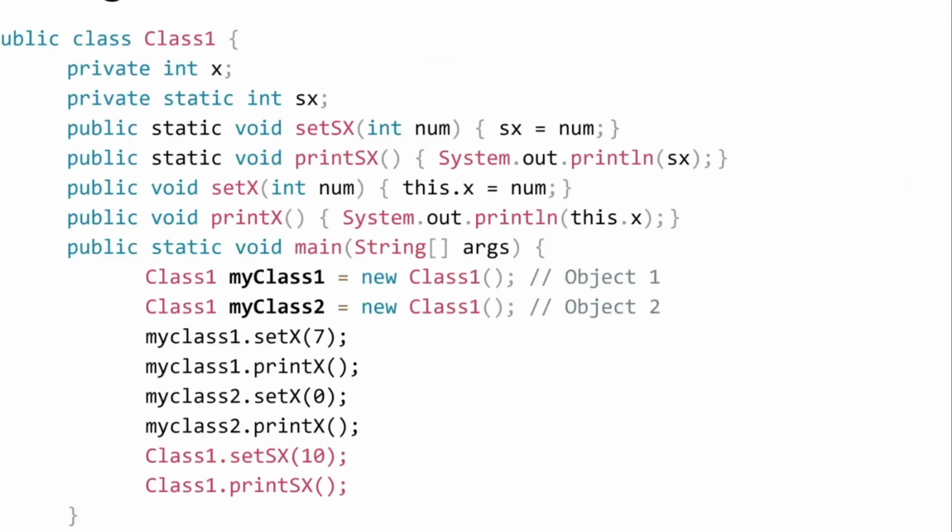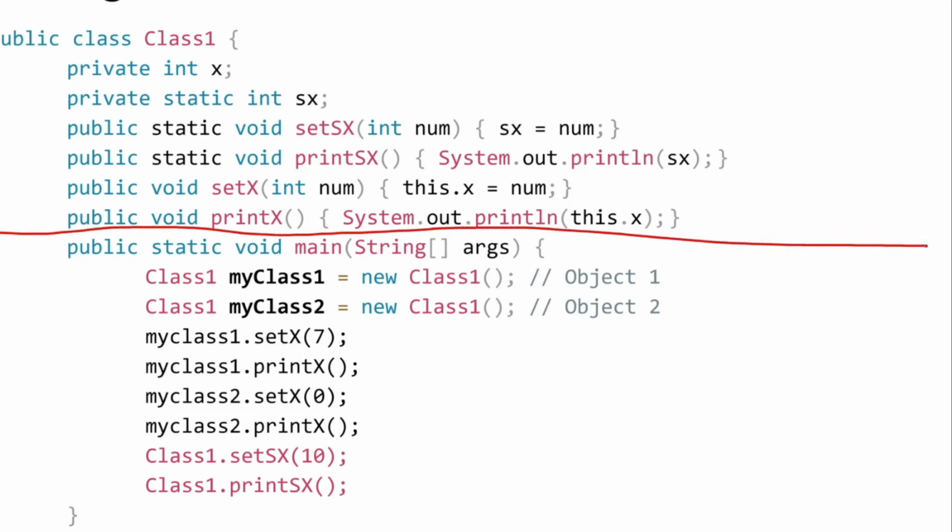So now let's look at how to define a class. I have done something here. As you can see, it looks a little bit cluttered, but I'm just going to draw a line to make it easier.